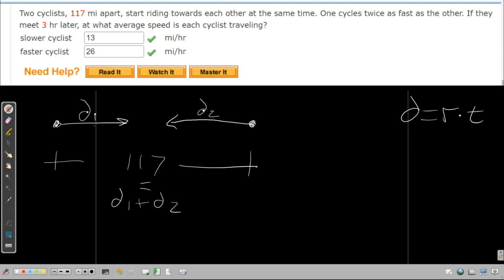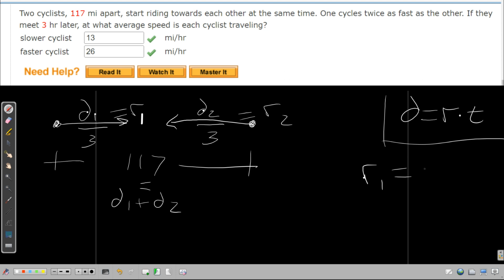So D1 over 3 is R1, and D2 over 3 is R2. And we know one more fact, we know that one of them is twice as fast as the other one. So just say that R1 is twice the rate of R2.